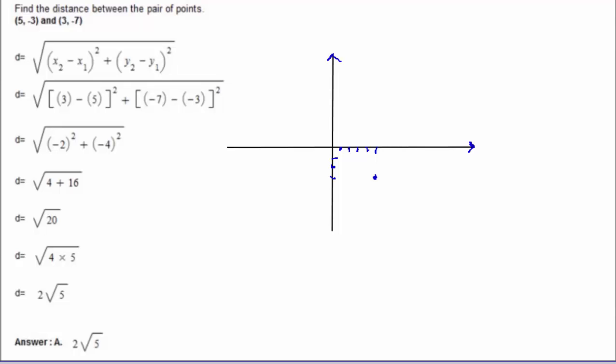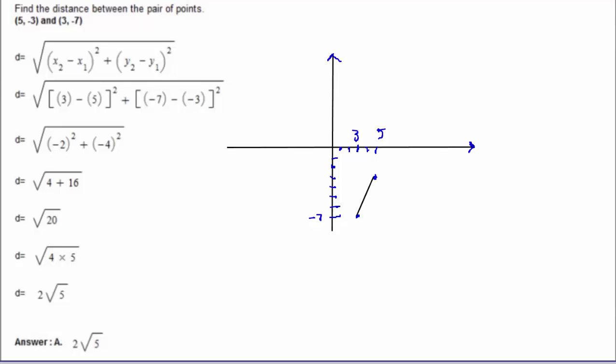And the next one would be 3 and negative 7. This should be this point here. So we want to find the distance, negative 7, this is 3, this is 5. We're going to find the distance between these 2 points.